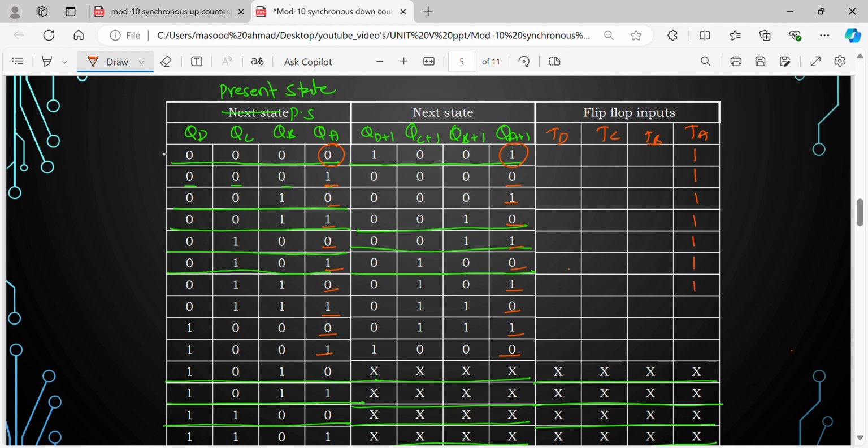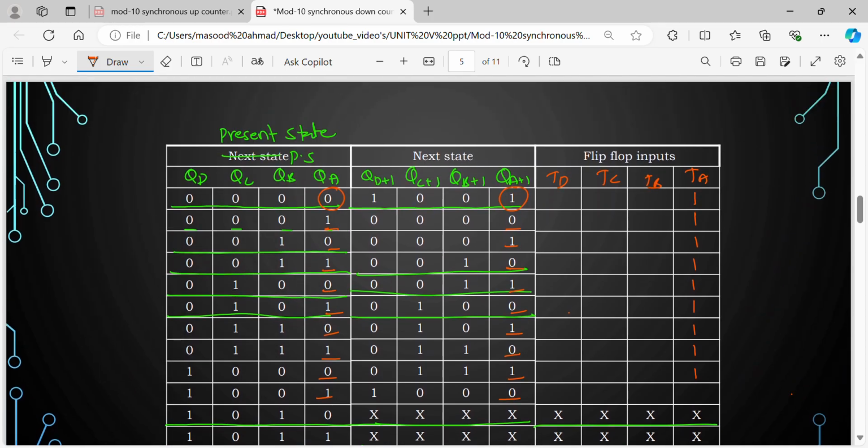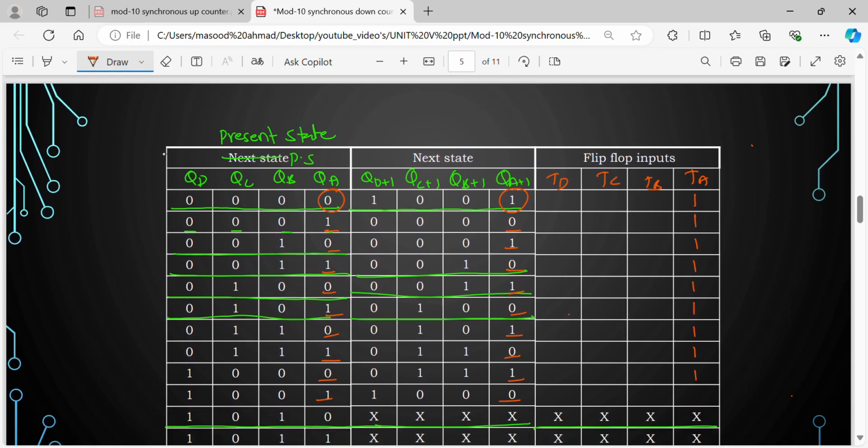How am I getting this? From the excitation table of the T flip-flop. What is the excitation table for the T flip-flop? Very much known: Qn, Qn plus 1 and T. 0 0 0, 0 1 1, 1 0 1, 1 1 0. If it is the same, T should be 0. If it is different, T should be 1.